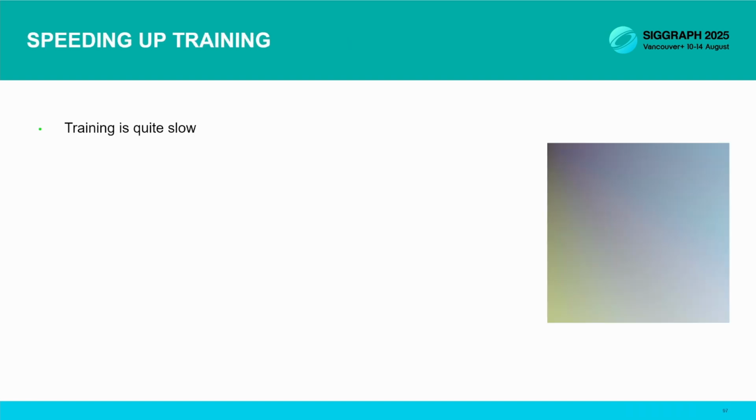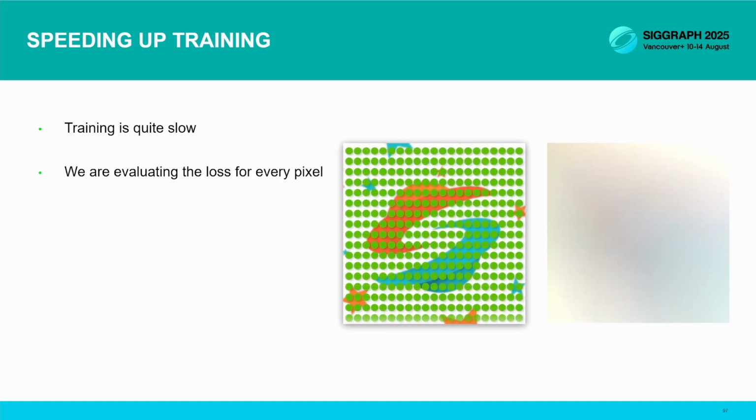So let's debug what's going wrong here, right? Well, so the first thing you'll notice when you fire up the training example is that this actually runs quite slow. And the reason for this, in part, is because we use the same strategy as we used for the bitmapping example, and we evaluate the loss sort of exhaustively for every pixel in the texture.